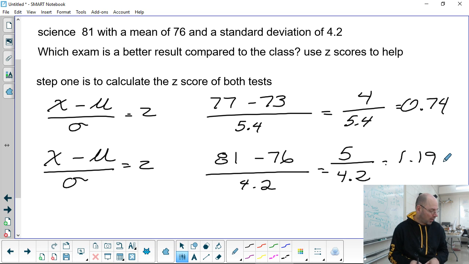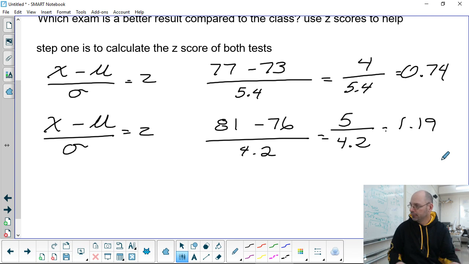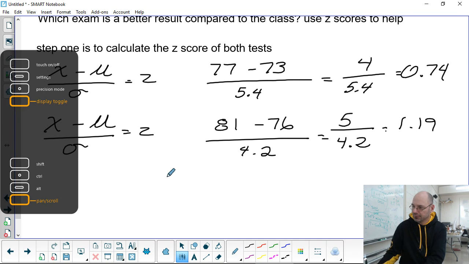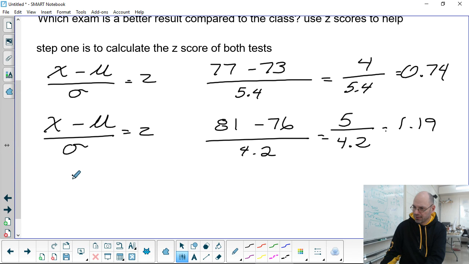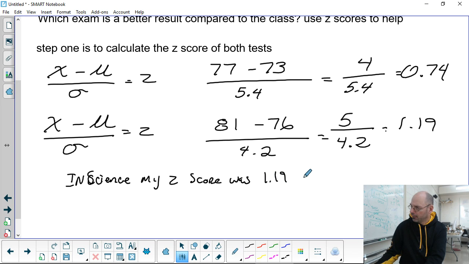So the higher z-score means that you have more data to the left, more people below you, more of the population scored below what you did. So you could say, there we go, that's better. In science, my z-score was 1.19.